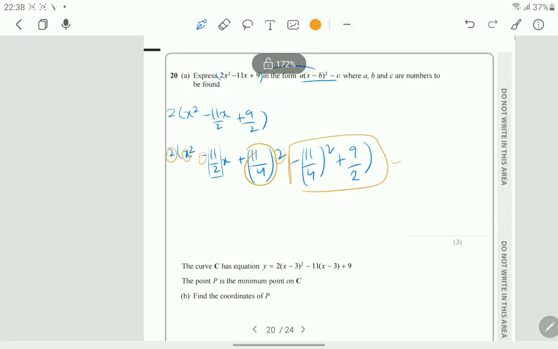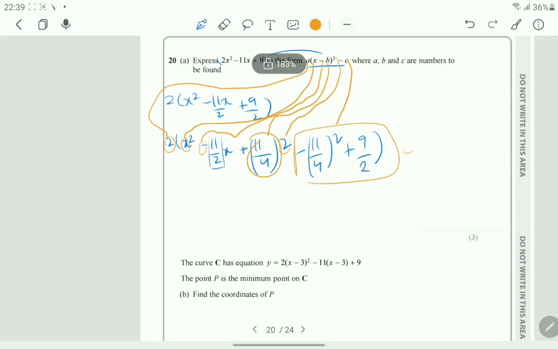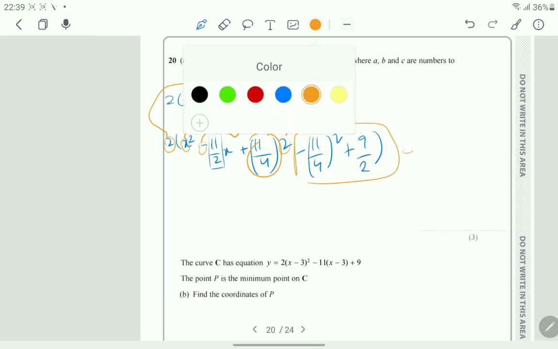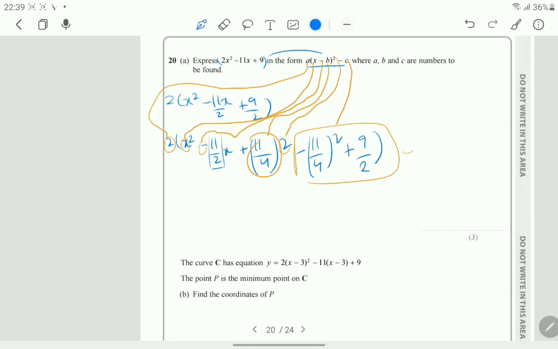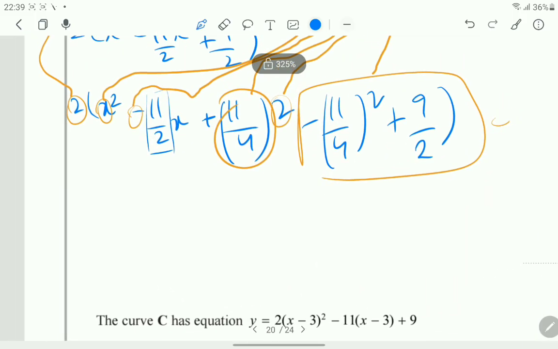So let me just highlight this for you, and we have x, we have our b, we have the square from here, and the sign which is in the original equation will be picked, which is the minus, and a would be 2. So I hope you get the idea of what I'm trying to do here, making lines so you understand when to pick what thing.